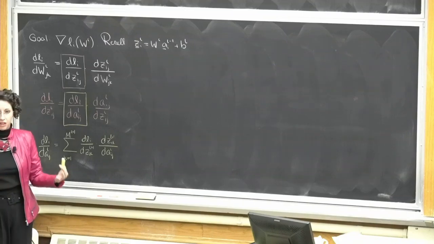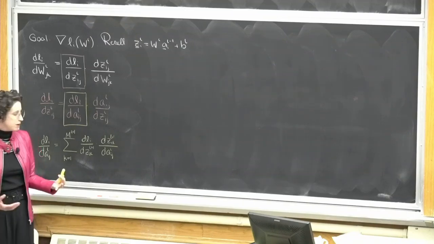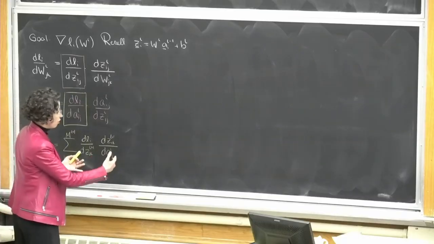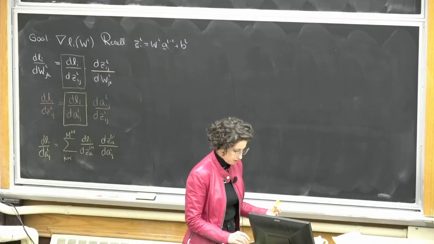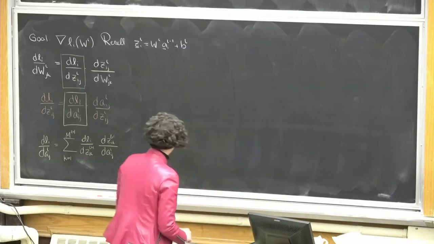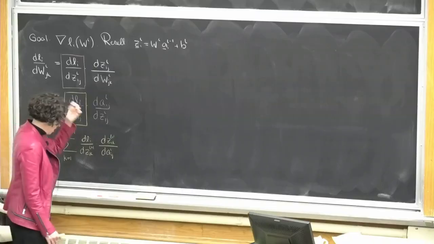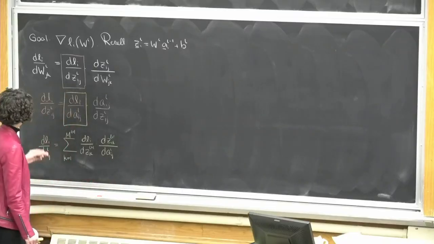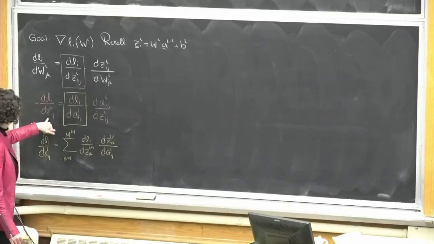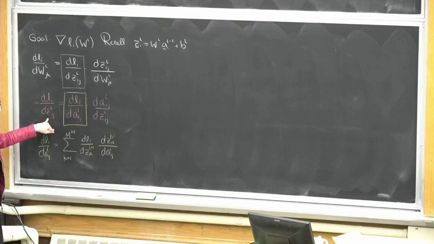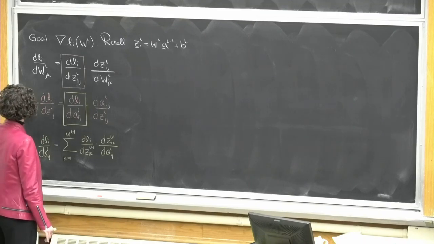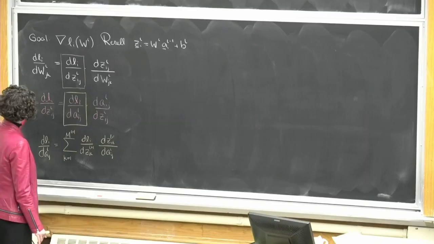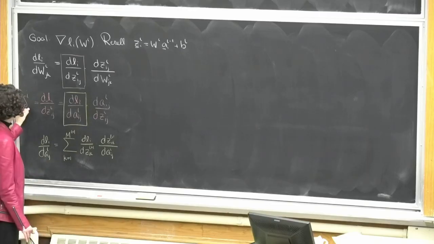Okay, so at this point, you might start to feel a little bit worried because now we have to do this over and over for each subsequent layer, and it feels like we're just going to get an exploding number of terms. But in fact, we're going to start seeing some patterns that are going to help us a lot. So we are going to give this derivative of L_i with respect to Z^L_ij a name. In particular, we are going to call this delta superscript L for the Lth layer, ij.